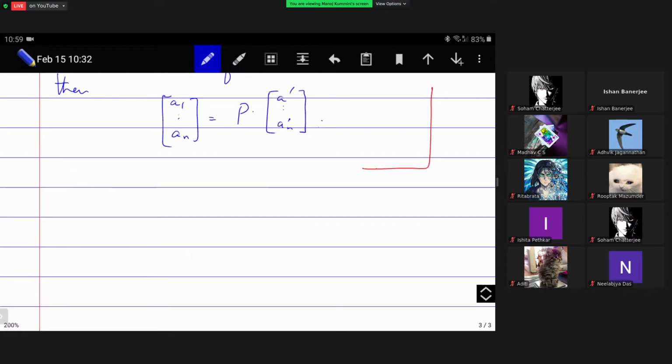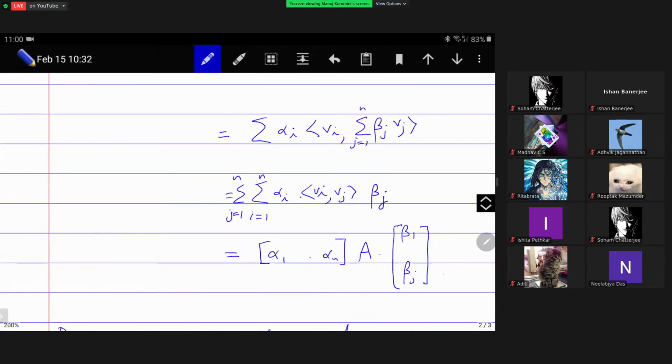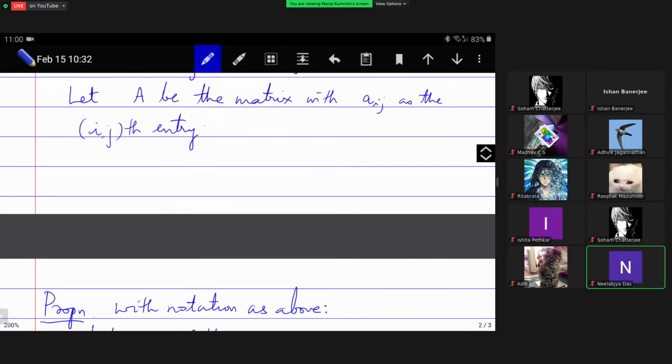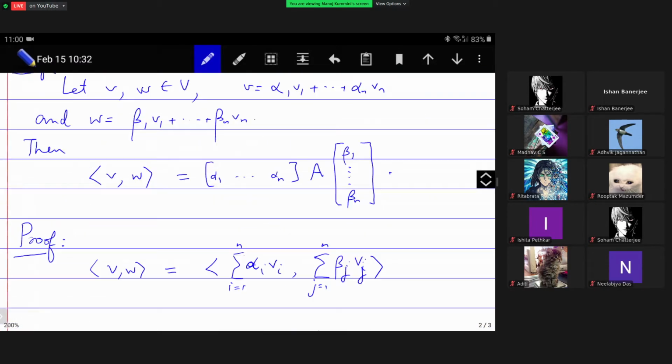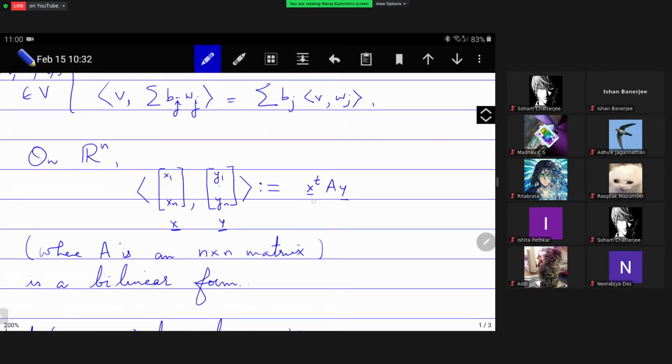So, proof of the proposition. Sir, what do you mean by the matrix of the bilinear form? This one. Oh, okay, sir. We observed earlier that any bilinear form is given by a multiplication like this, right?